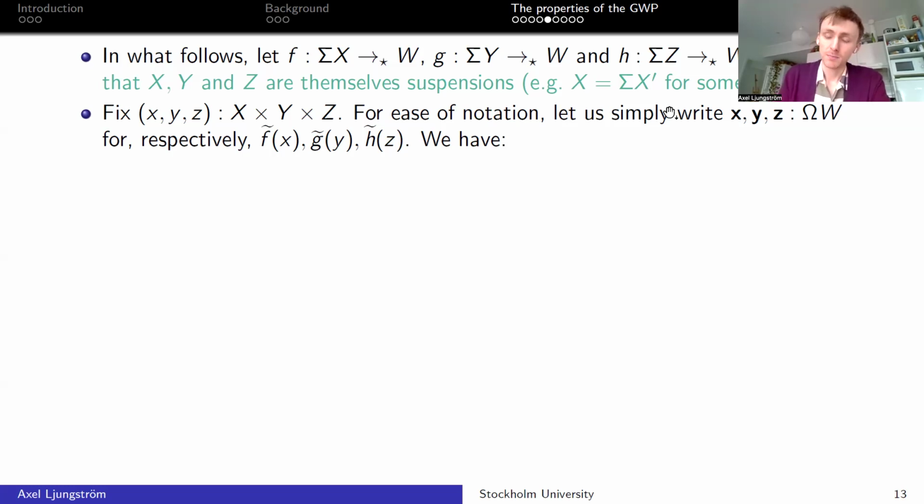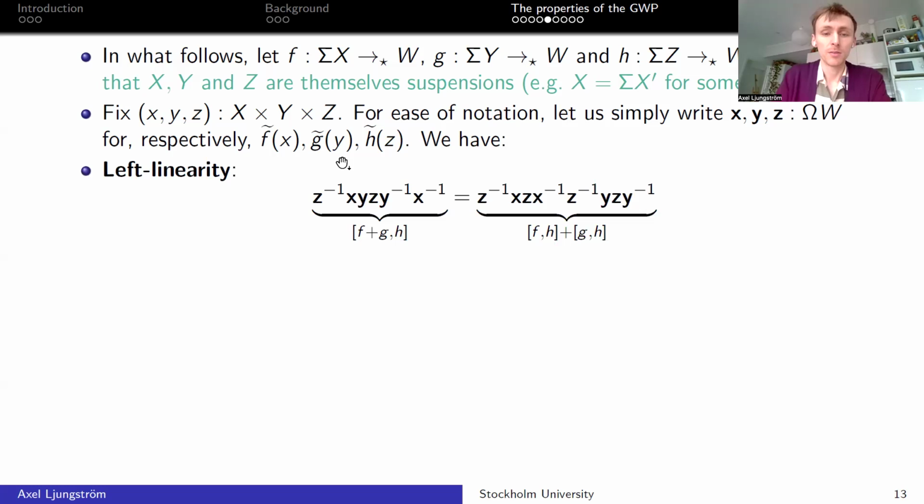And with this notation, the left linearity, for example, can be reduced to proving this equality. This is now an equality in the loop space of W. So it's just left linearity really boils down to proving that these two words of loops are equal. You get this just by unfolding definitions, really.